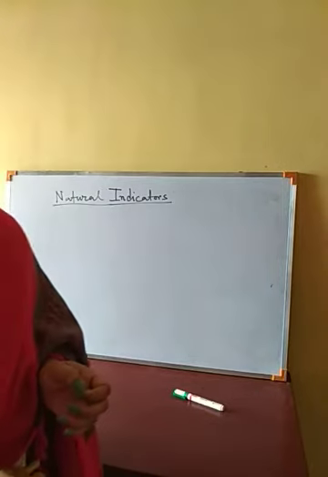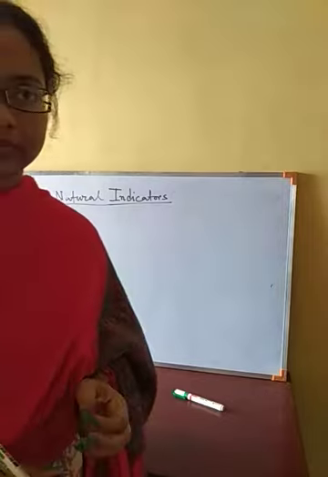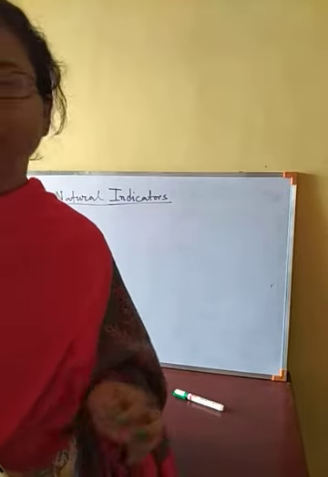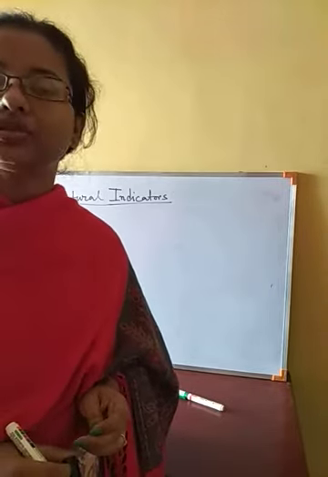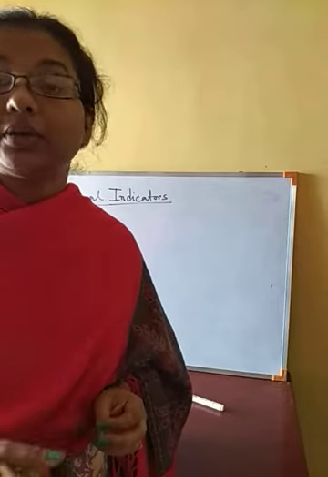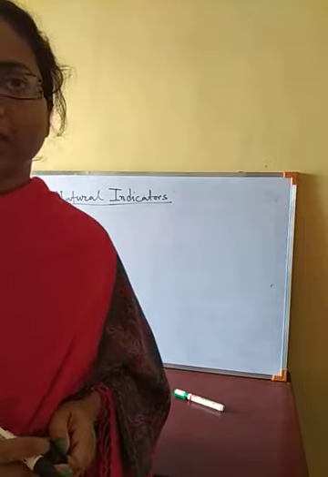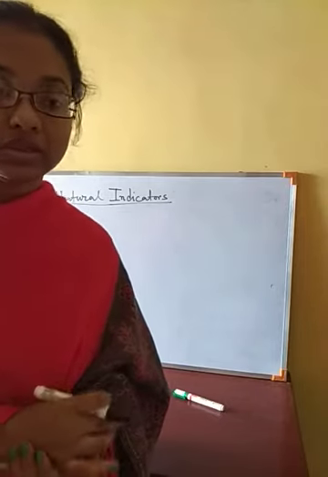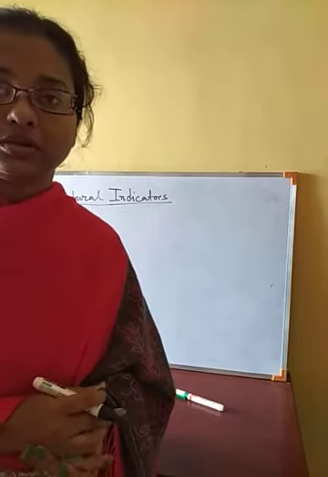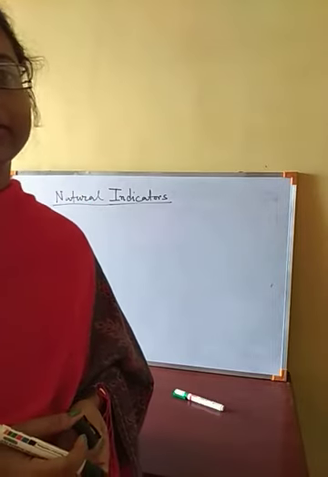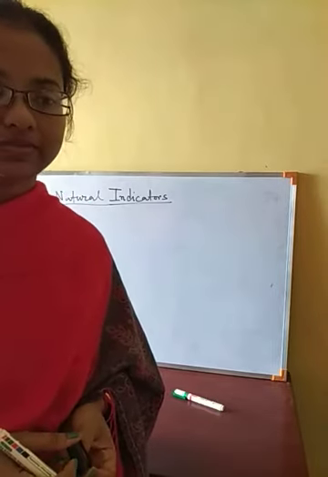I can give you a few options. Turmeric juice is there, beetroot juice can be used, or purple grape juice also can be used as indicator. You can extract the juice and use it, but do it freshly. With the fresh juice you do the experiment.